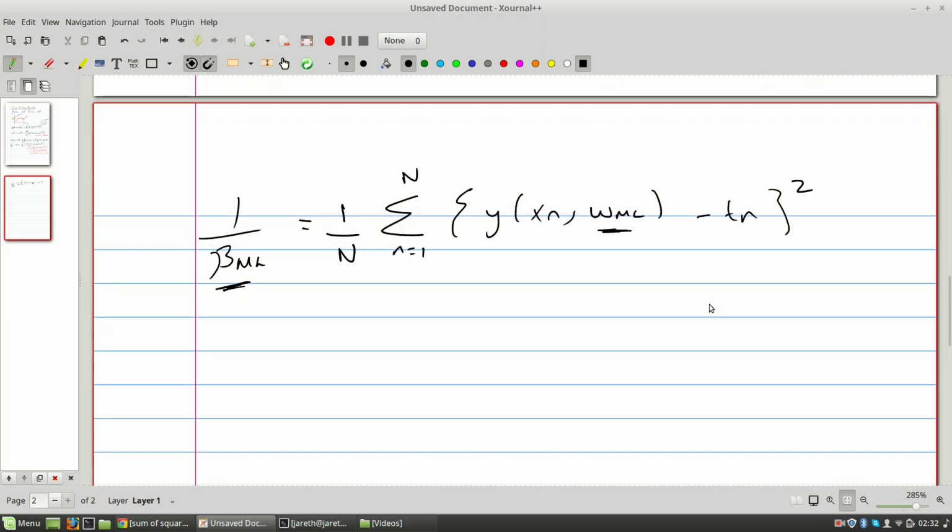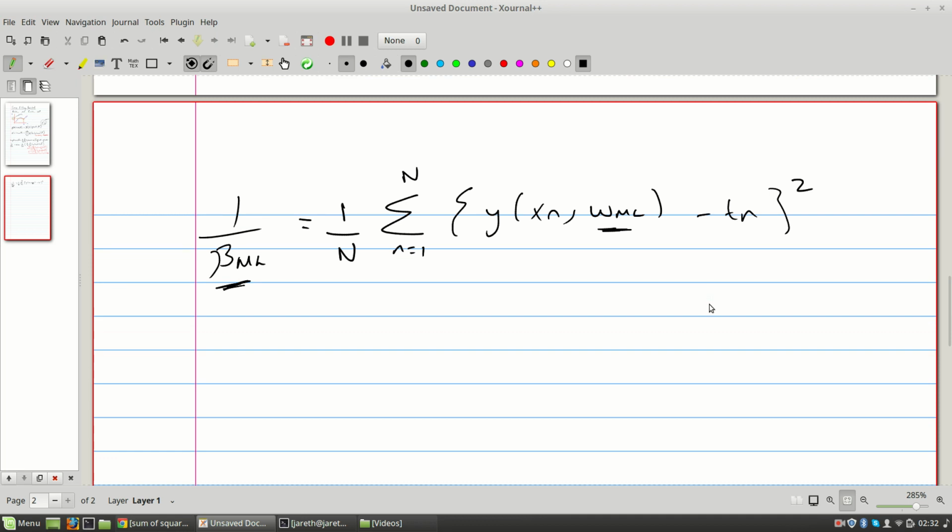That's the idea behind this. So instead of just a normal point estimate like we had before, we now have a probability distribution over t, where we say the probability of t given x, w, and beta ML.